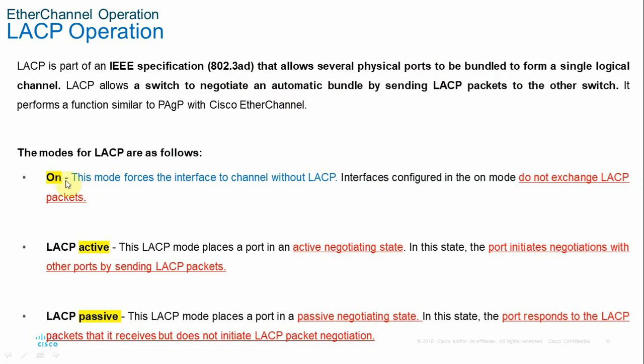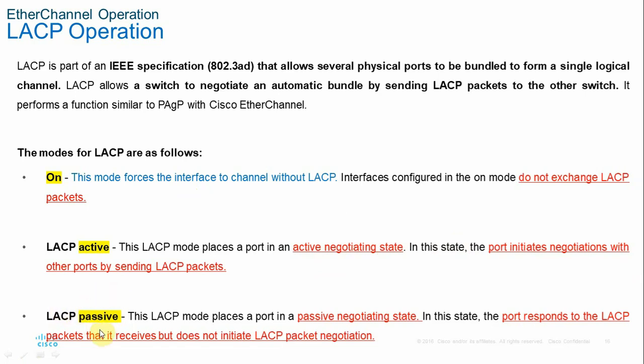If you have two switches with two ports, on means they are in an EtherChannel automatically, with no need for any negotiation. LACP active means the switch port configured as active will make active negotiation. It will ask the other port whether you are ready for LACP, and then the other port should reply. It has to be configured as passive.